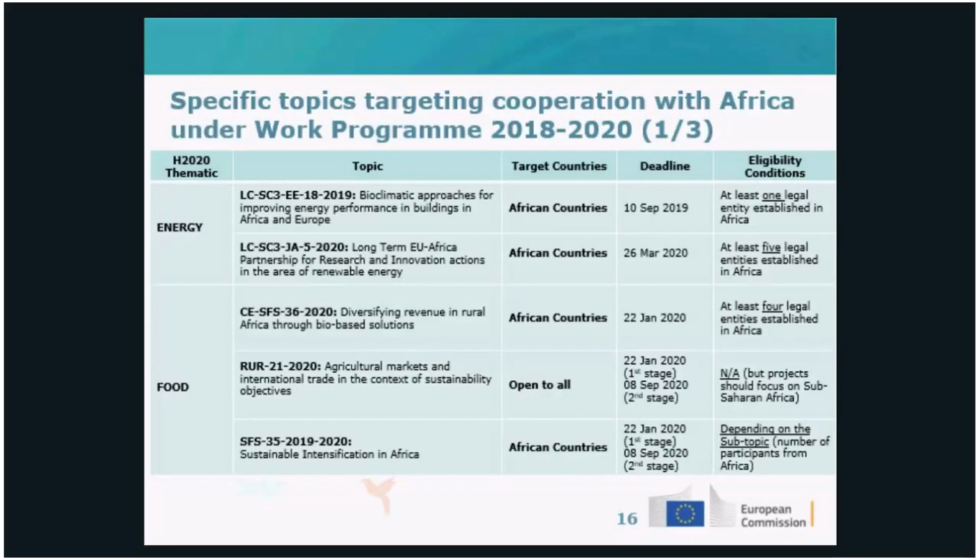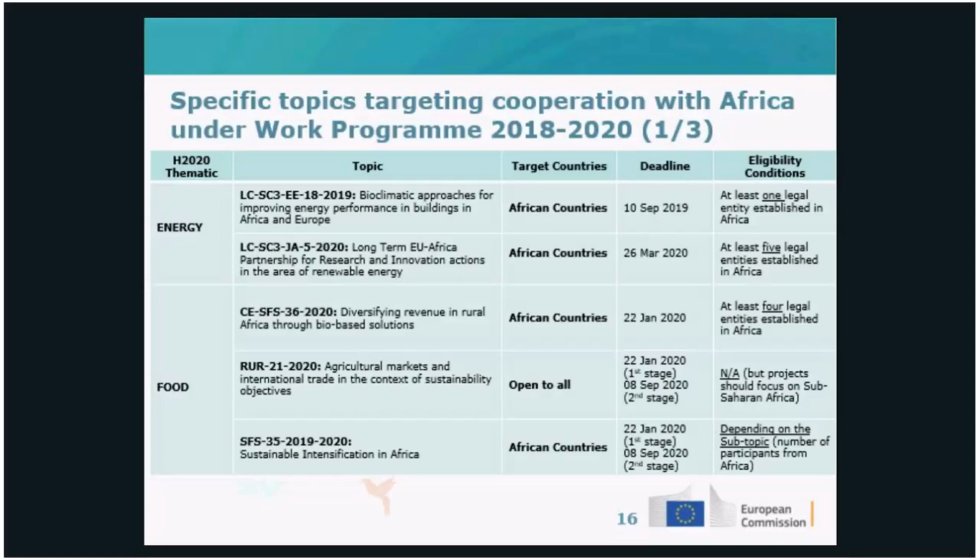These are some specific topics that we tried to identify in the work program that was recently published by the European Commission, the Horizon 2020 work program for the period 2018 to 2020. These are some topics specifically targeting African countries or open to all countries, but with a particular focus on Africa.